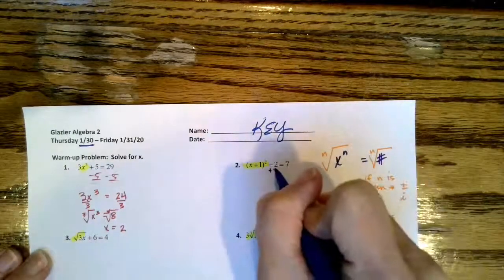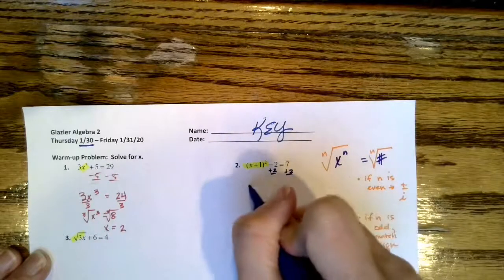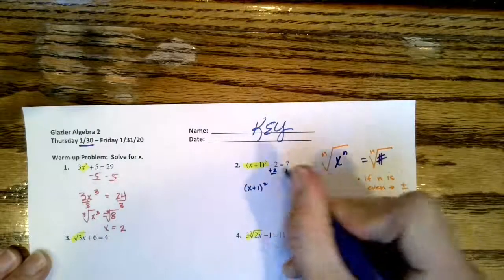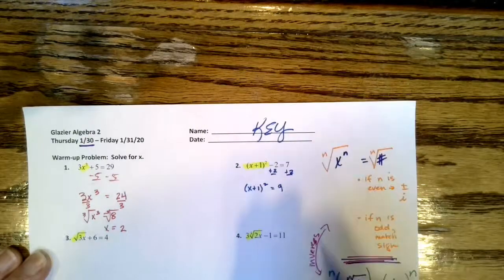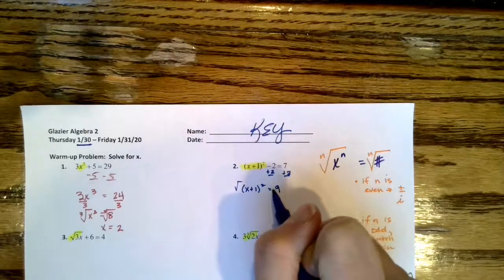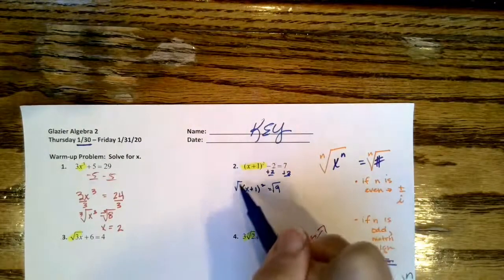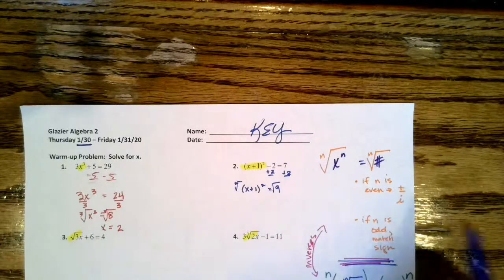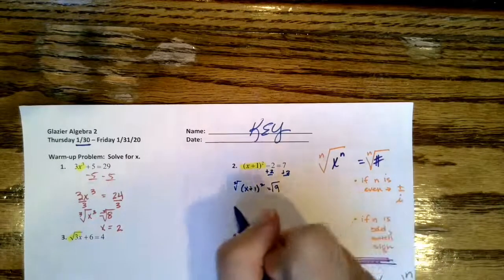We're going to add 2 to each side, and we're going to isolate my exponent expression. When we take the square root of each side, because this is an even root, you need to consider all of the possible solutions.